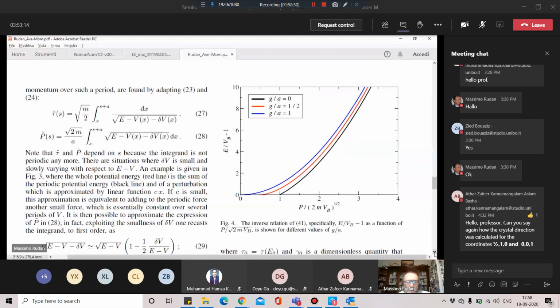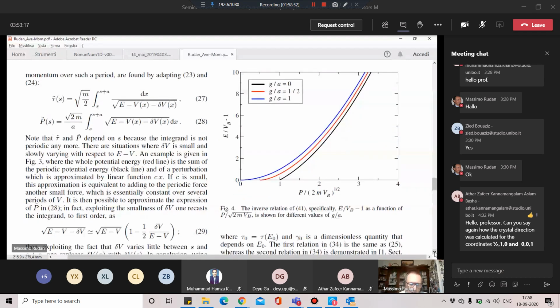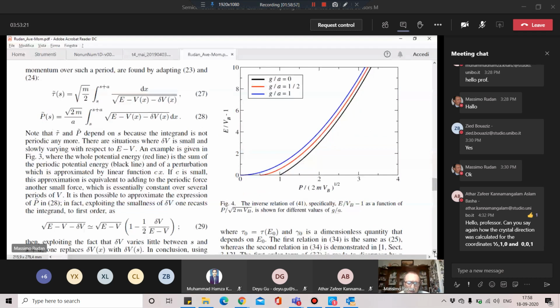So the small perturbation that in the figure was called Cx, here more generally is called delta V. Okay, delta V is small with respect to V, and also delta V has a weak dependence on x, whereas V of x has a strong dependence on x.